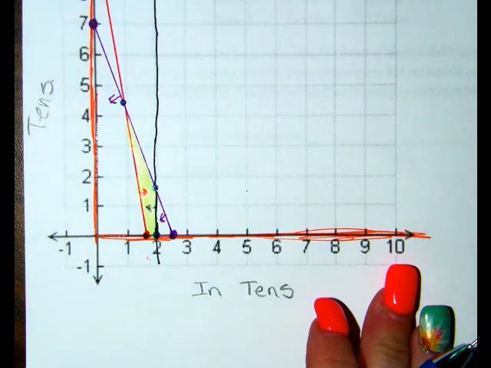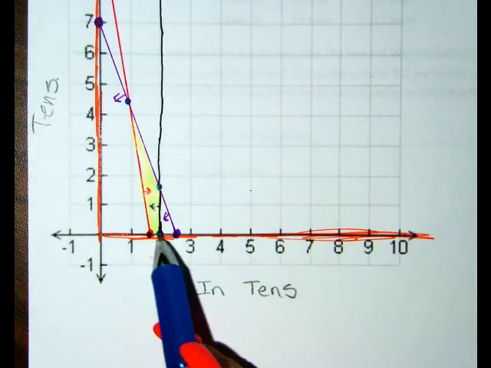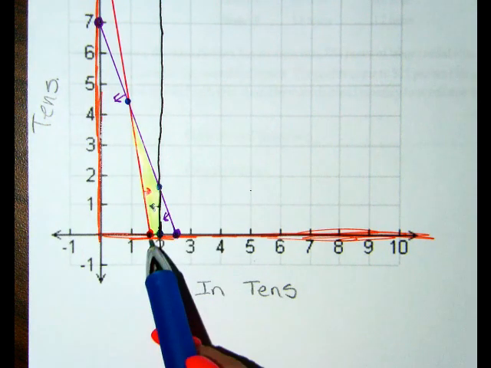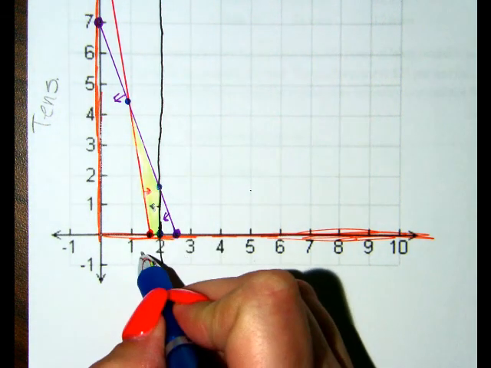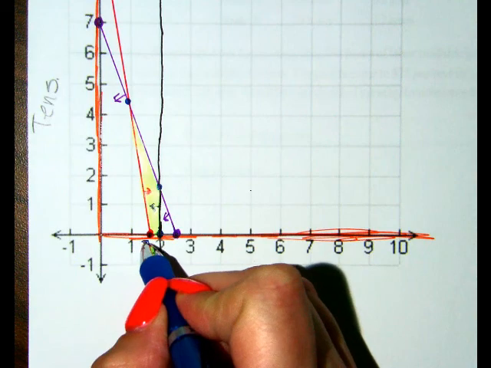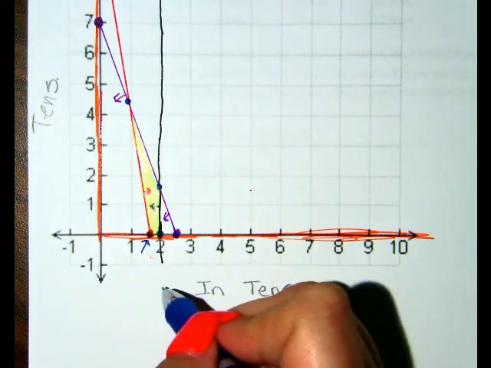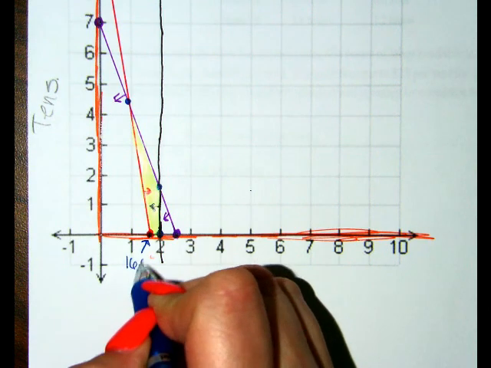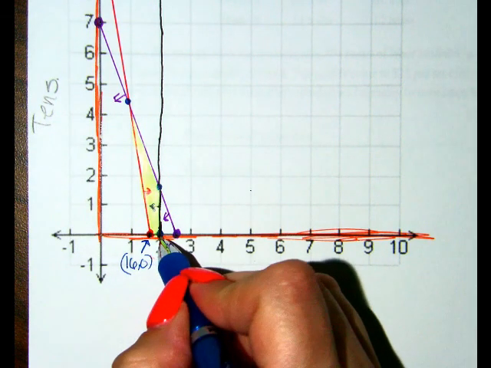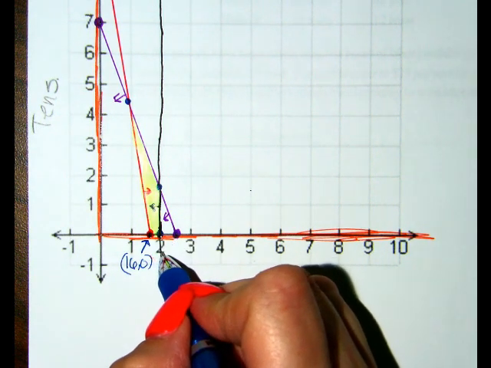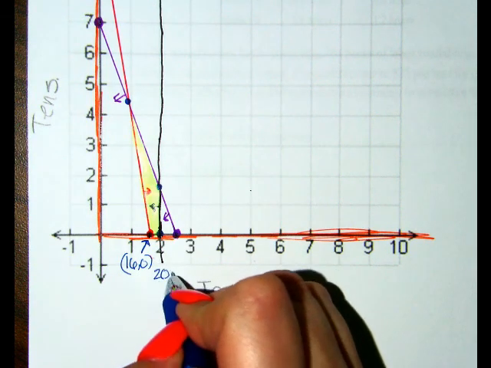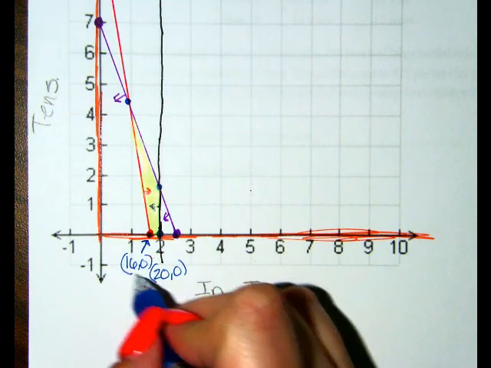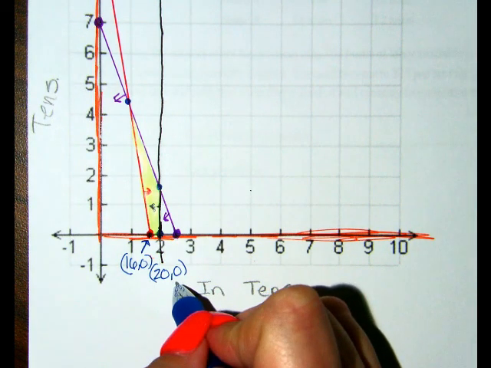Now, of these, there are 2 vertices I know exactly what they are, and that would be these 2 right here. Because this vertex right here was an x-intercept at 16. This vertex right here is at 20, and my y value is 0. So I already have 2 of my vertices right there.